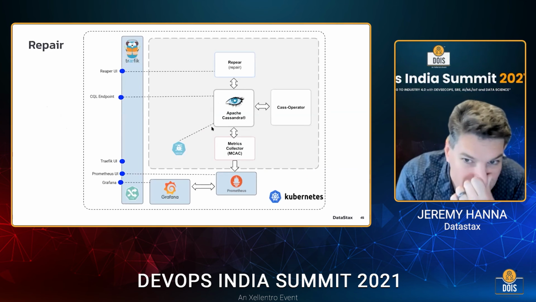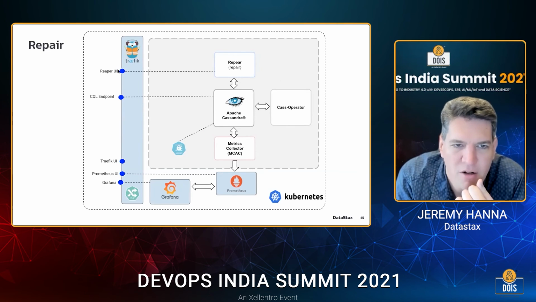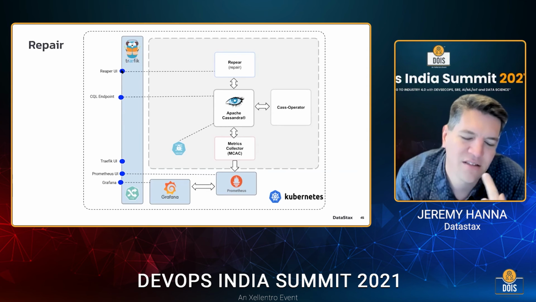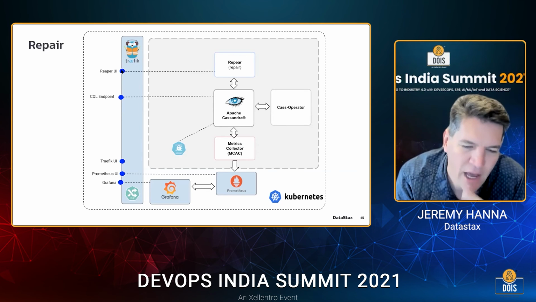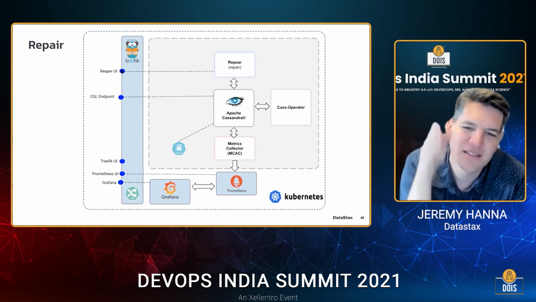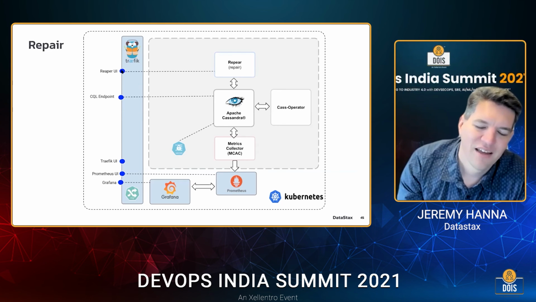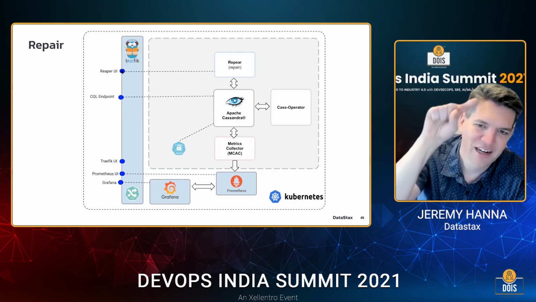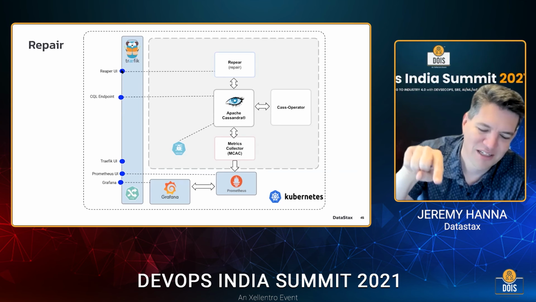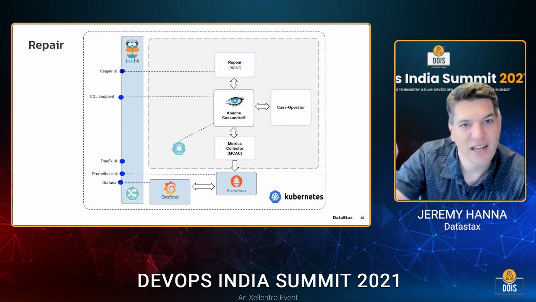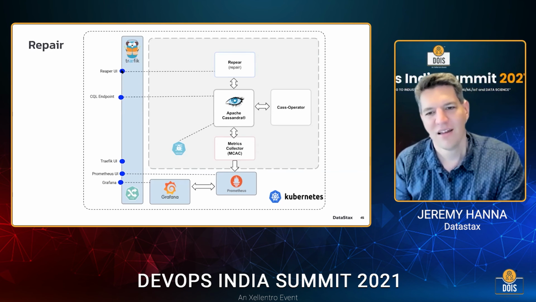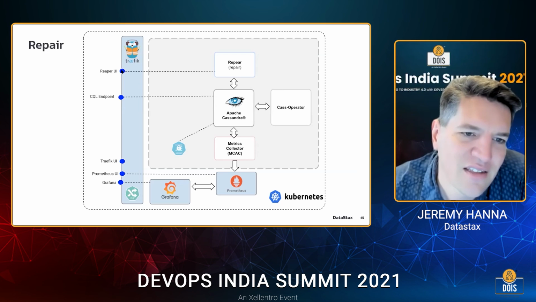And that's what this diagram is for the repair: you have a UI that gives you the status and the updates on how this is proceeding through your cluster. If it's like 0 to 100%, it goes 0 to 100% little by little, and then it starts off at 0 again, because it just continually makes sure that everything is in sync.